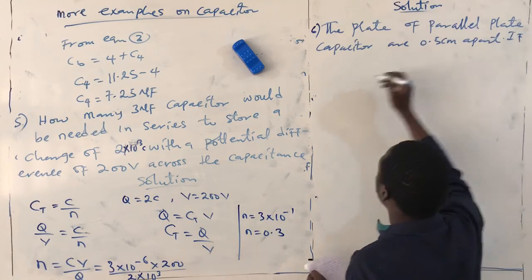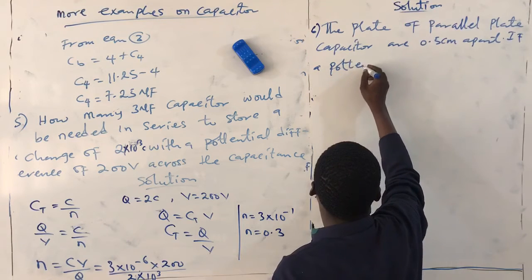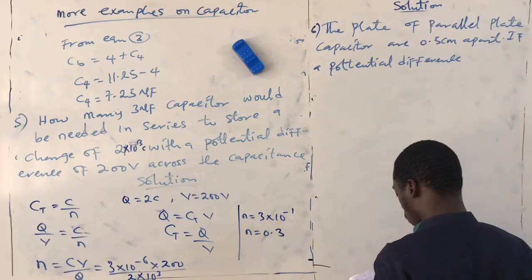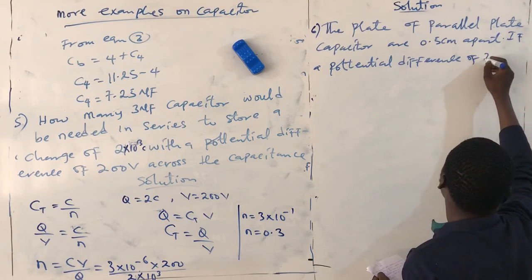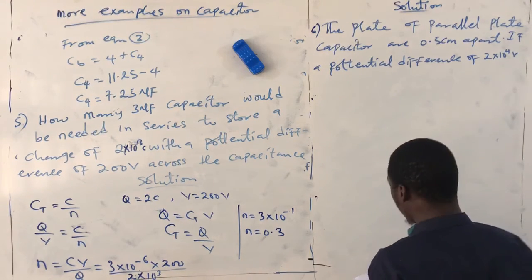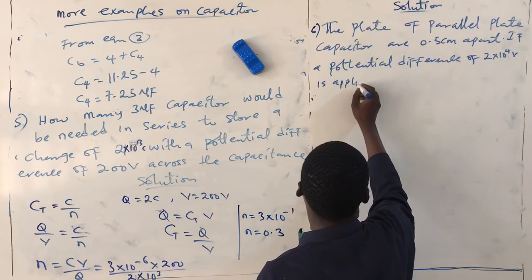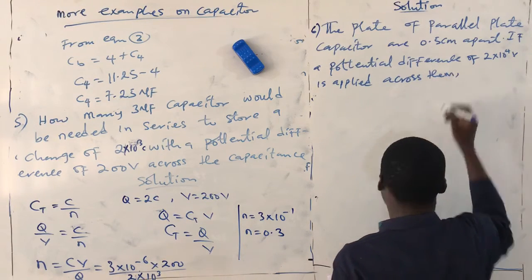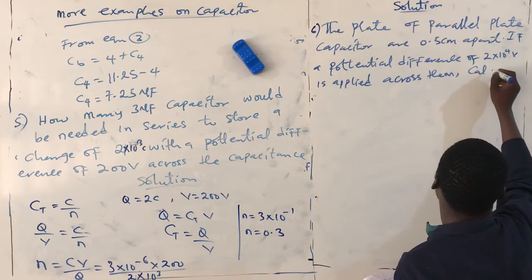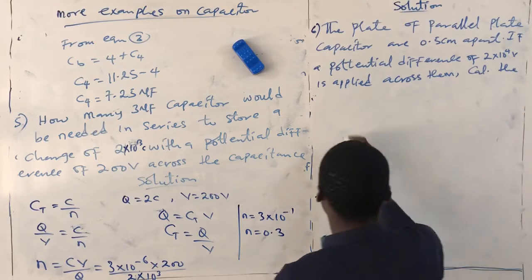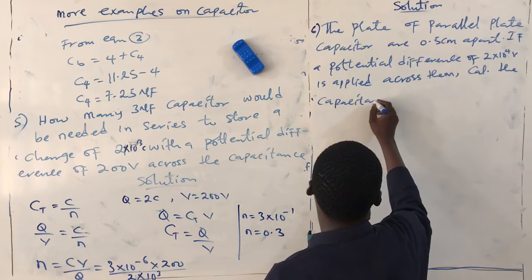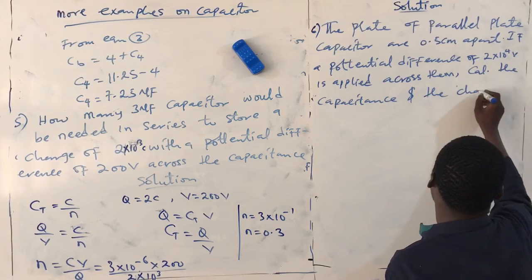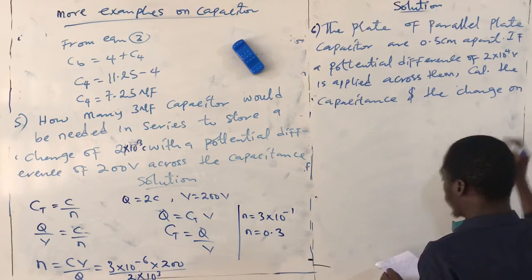If a potential difference of 2 times 10 raised to power 4 volts is applied across them, calculate the capacitance and the charge on each plate.